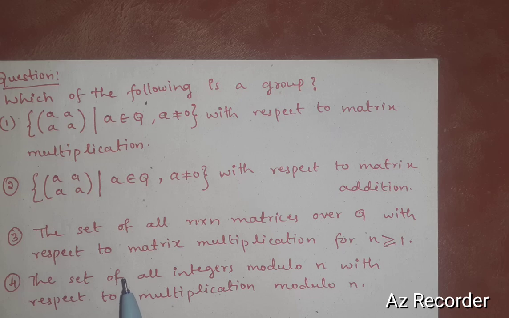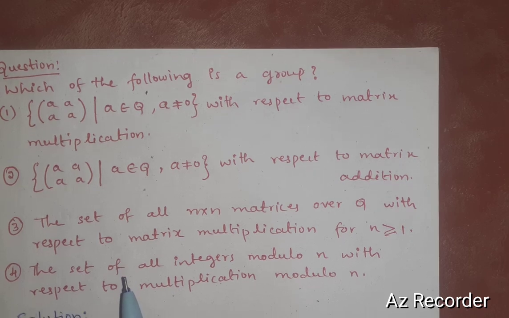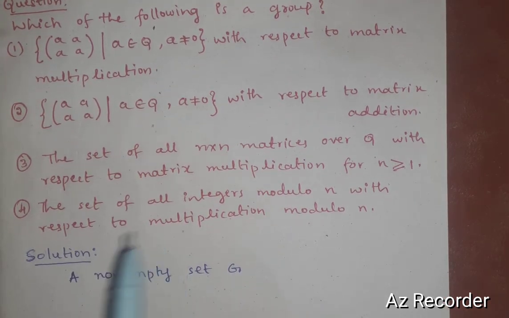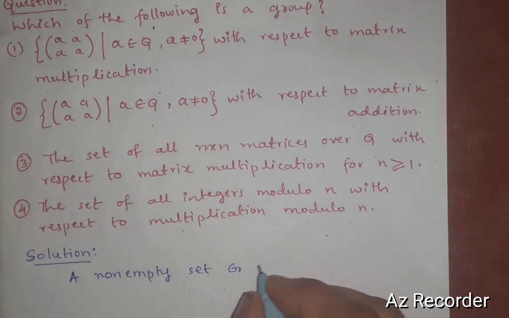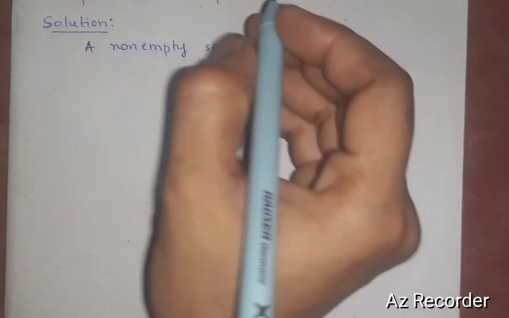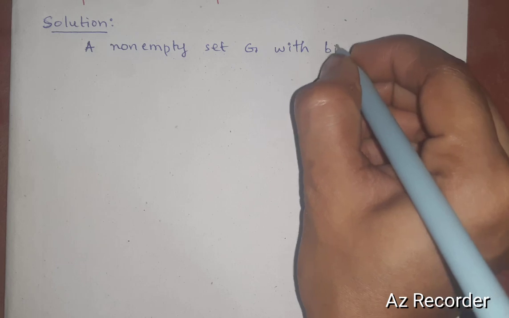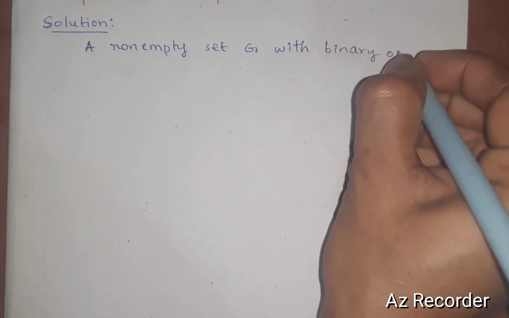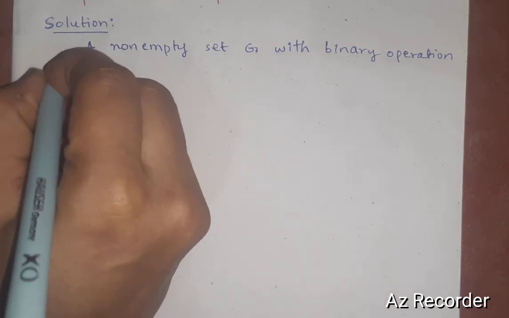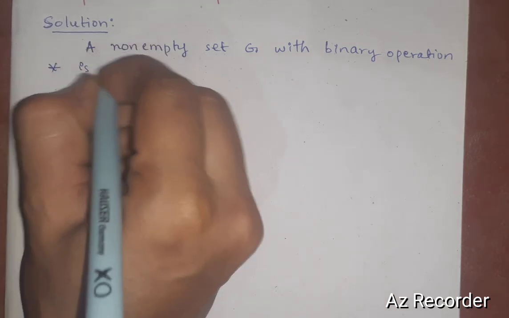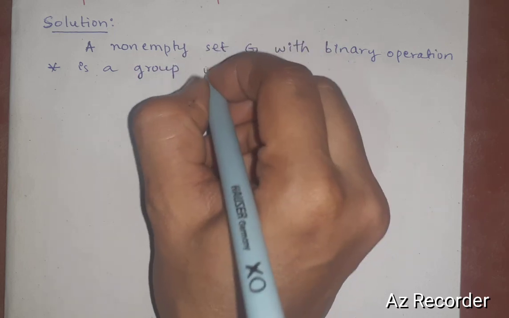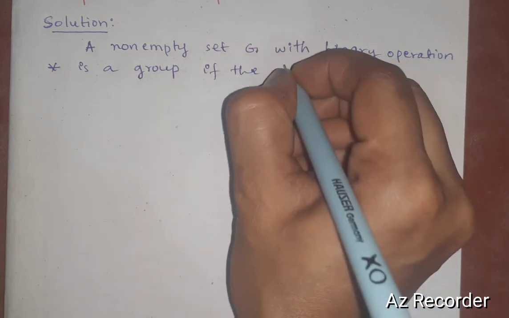So what do we mean by a group? First we see the definition of a group. Solution: a non-empty set G with a binary operation star is a group if the following conditions are satisfied.